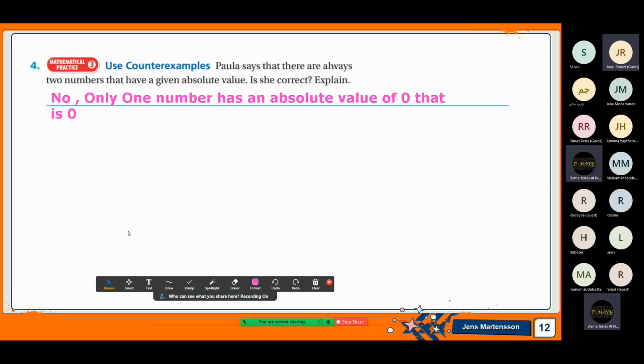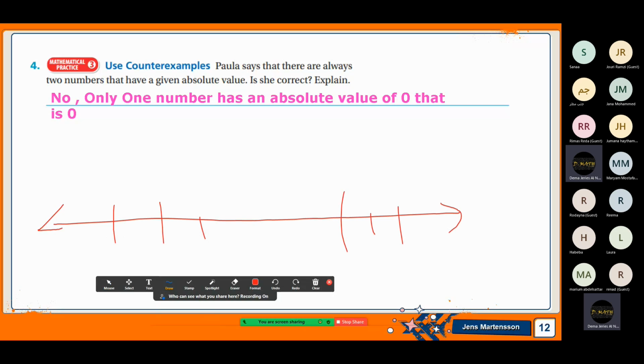You can write what you want, but here I just want you to know that for all the numbers on the number line, there are always two numbers that have the same absolute value, except 0.